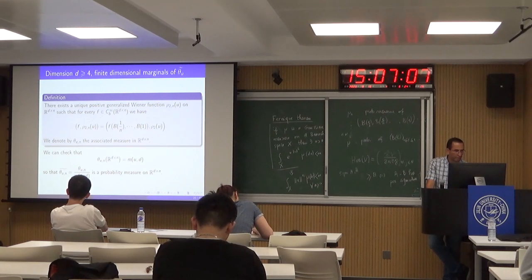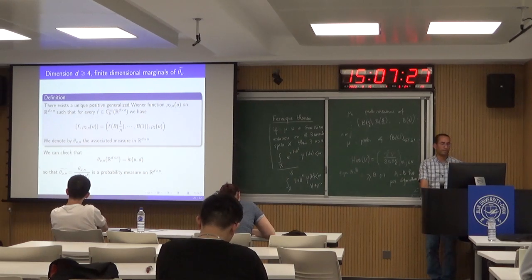We denote by theta u n the associated measure in R^d to the power n, and we can check that the measure of the whole R^d to the power n is exactly the one that I defined before.